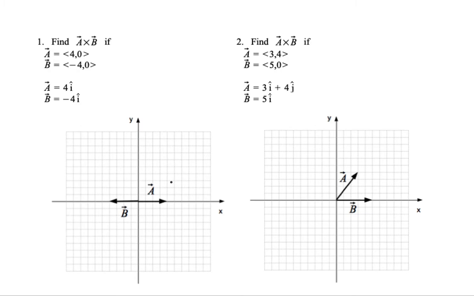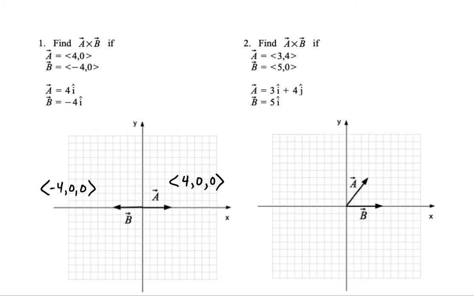So this vector A would be 4, 0, 0 if you were to write it as a 3-component vector. And then for this one we'd have negative 4, 0, 0. You want to have all 3 components to do this because it is a 3-dimensional operation ultimately.